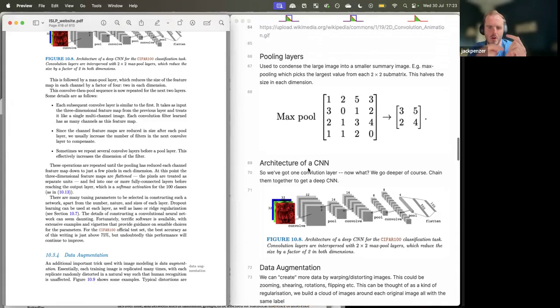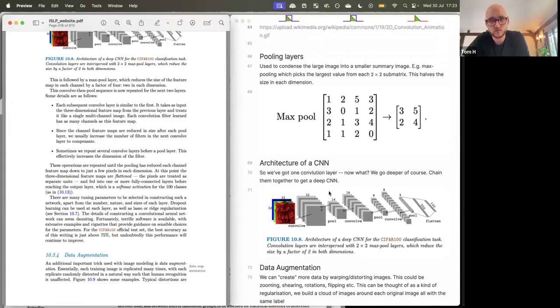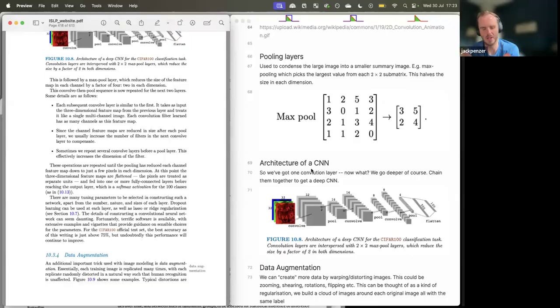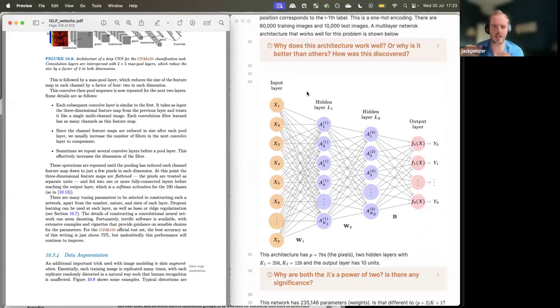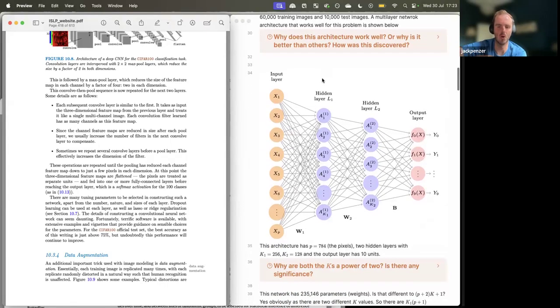So you do the convolve operation with the input image, you get this output, and then you pool it, and then you pass it to the next convolutional layer. And that convolutional layer, in this case, has more, smaller filters.